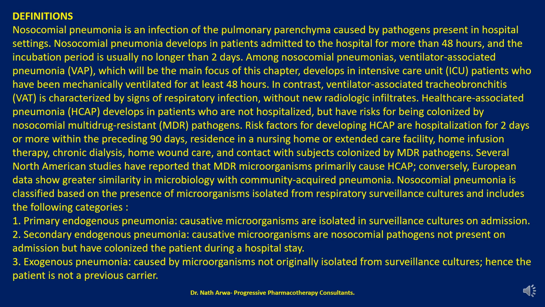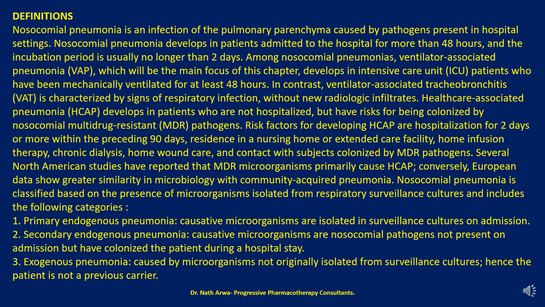Nosocomial pneumonia is classified based on the presence of microorganisms isolated from respiratory surveillance cultures and includes the following categories. 1. Primary endogenous pneumonia, in which causative microorganisms are isolated in surveillance cultures on admission. 2.